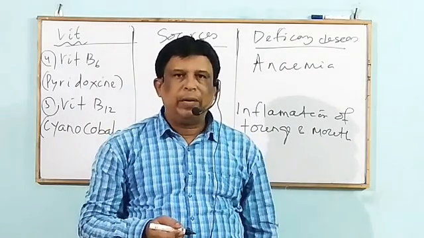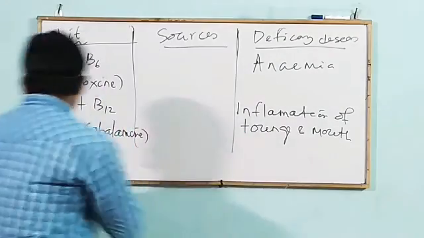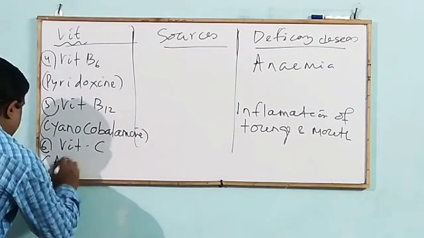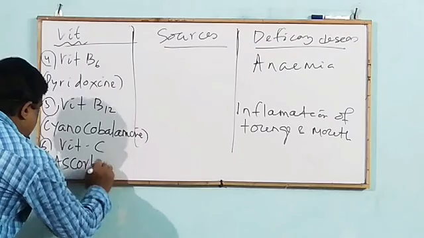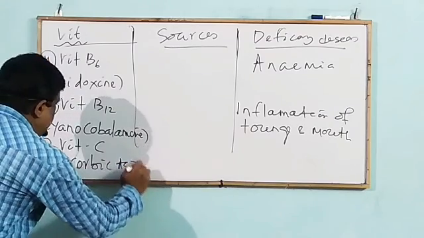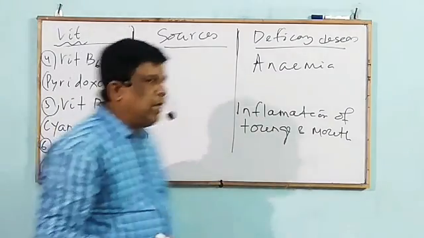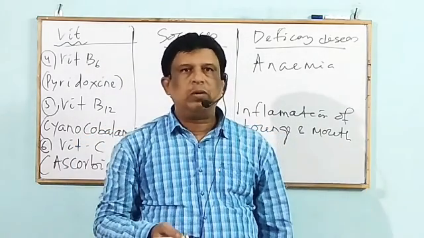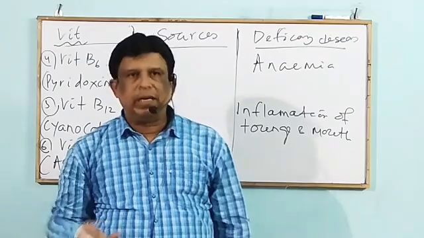Next is vitamin C. Its chemical name is ascorbic acid. The sources of vitamin C are citrus fruits and green leafy vegetables.